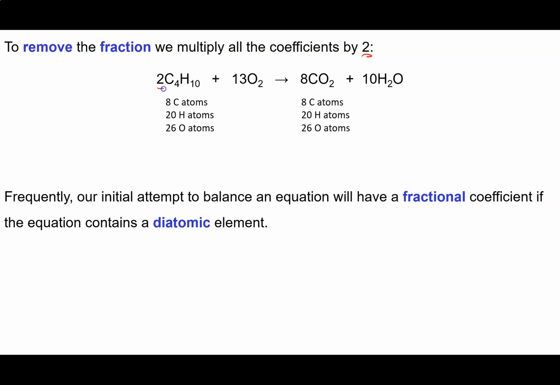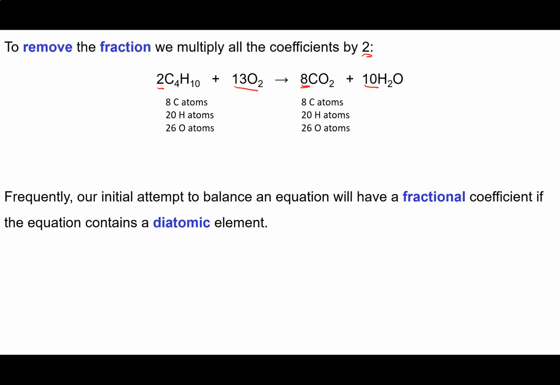So now I've got 2 of my C4H10, 13 of my O2s, 8 of my CO2s, and 10 of my waters. And everything balances, and I don't have any fractional coefficients in there. I can't get a smaller set of whole numbers than the 2, 13, 8, and 10. That's the best I can do. I can't divide through by a common multiple.